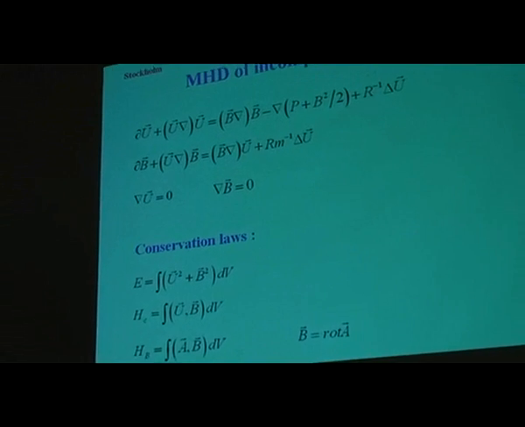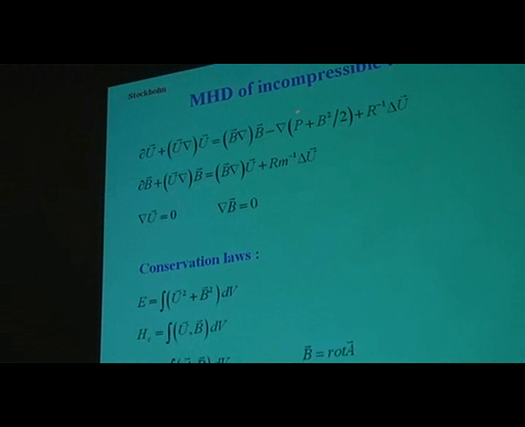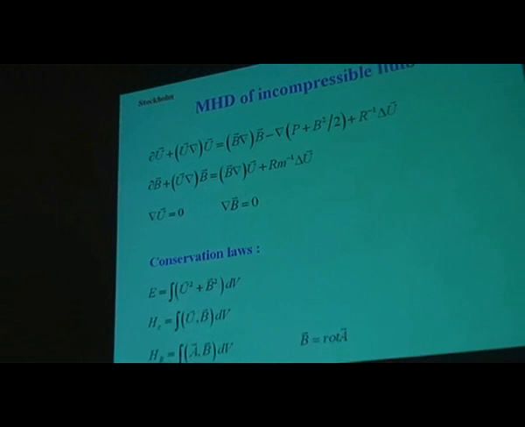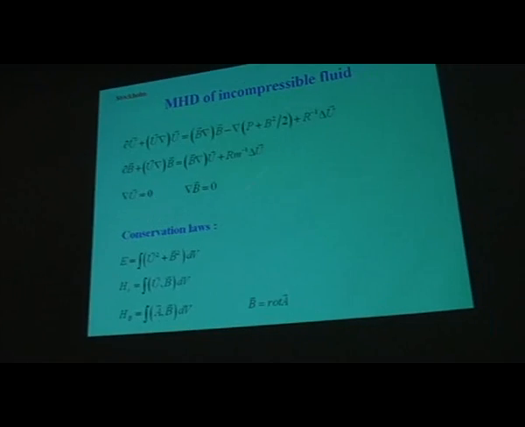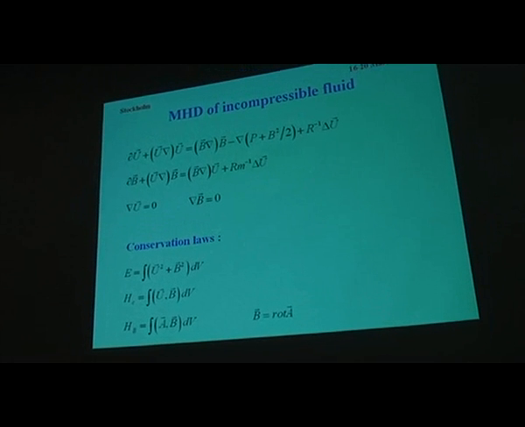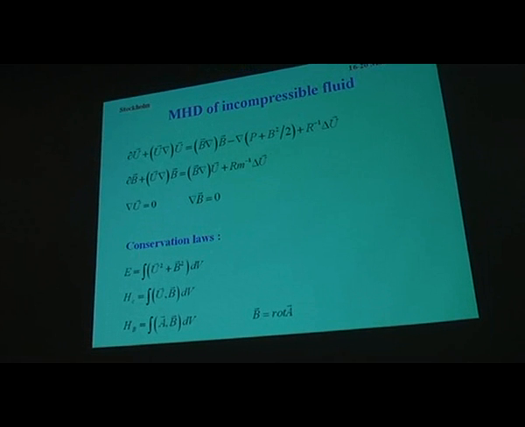So what I am discussing is the MHD of incompressible fluid, and in the frame of this problem, the most important thing is that the MHD equations have three conservation laws. So in the limit of small viscosity and magnetic diffusivity, the total energy, the cross helicity, and the magnetic helicity are conserved.